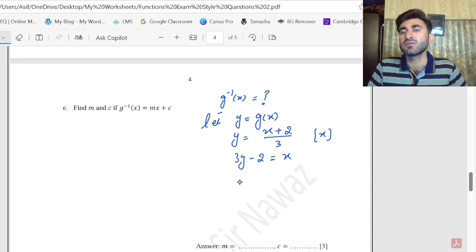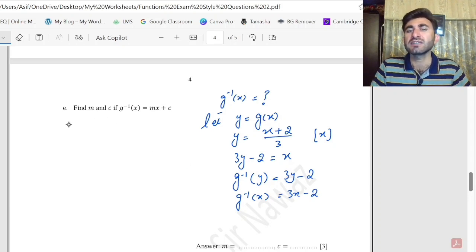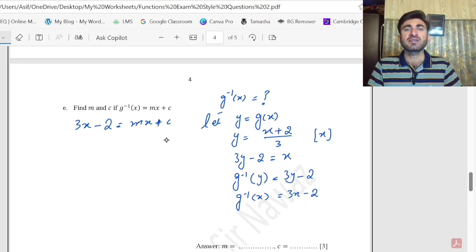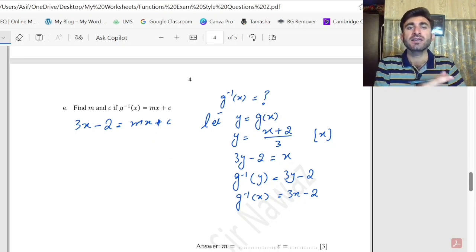It means that x equals g inverse of y. G inverse of y equals 3y minus 2. So g inverse of x should be 3x minus 2. Now we can replace the g inverse of x with 3x minus 2 and it equals mx plus c. Because there are two unknowns, m and c, we need to compare the coefficients of x and then the constants.